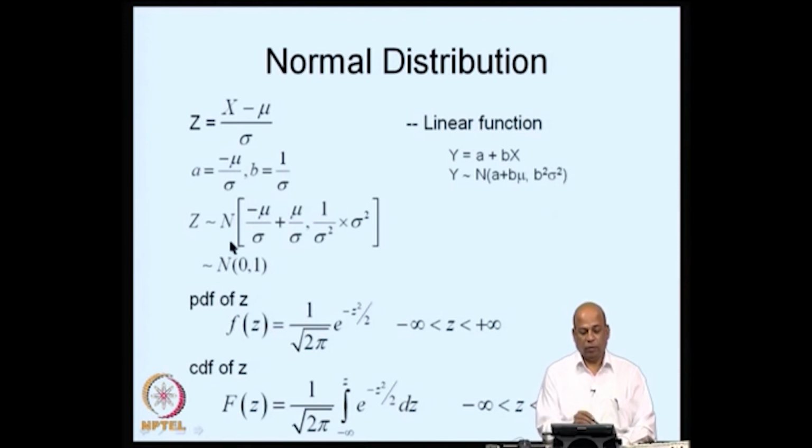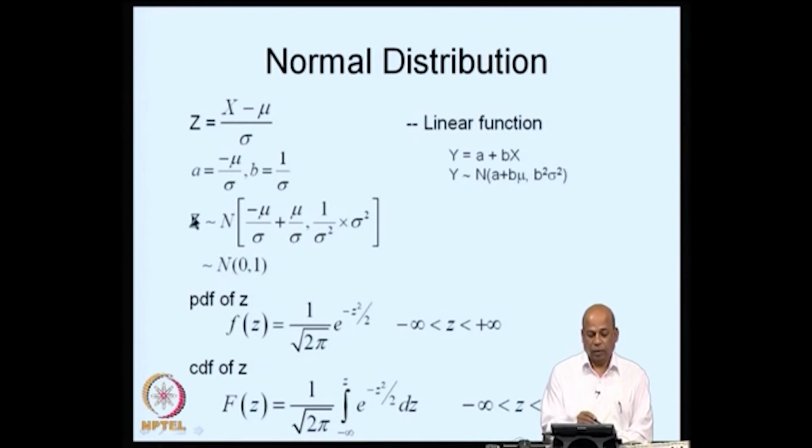So, substituting this here, z should follow a normal distribution with a plus b mu, which gives 0, and b square sigma square as the variance, which gives 1.